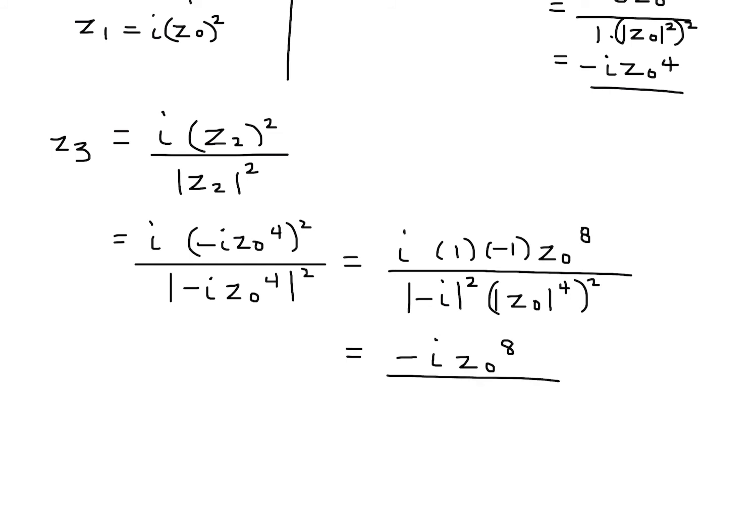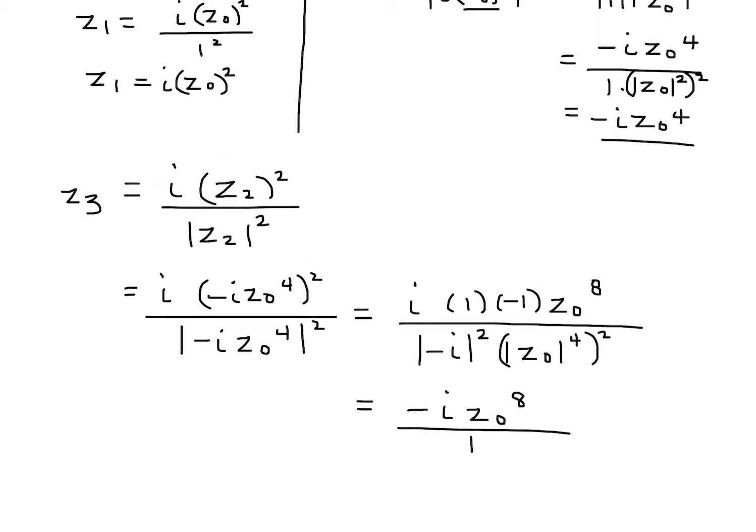And then for the denominator, the magnitude of negative i is 1, and that would be 1 if you square it, and then z0, the magnitude is 1, and then that to the 4th and then squared is also 1. So the denominator is just 1.